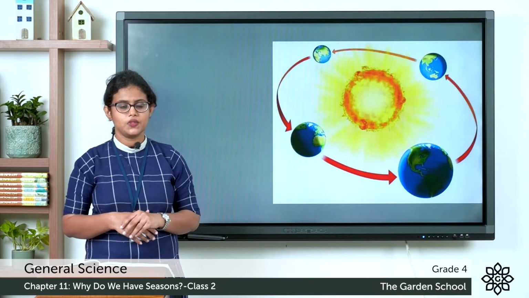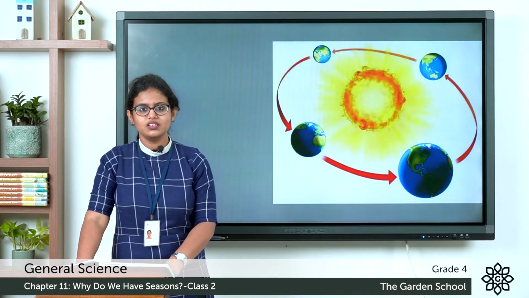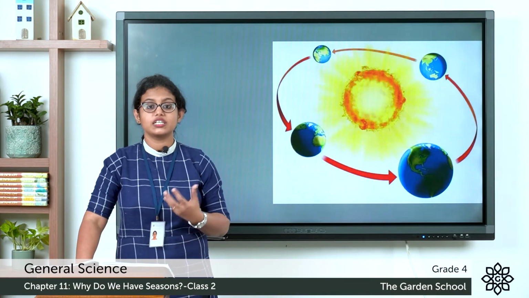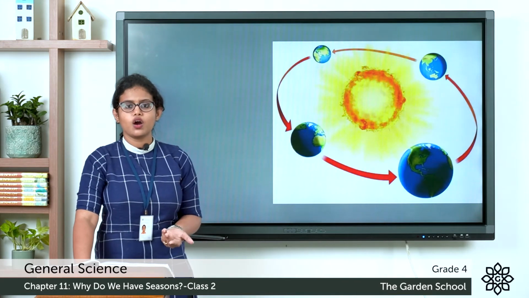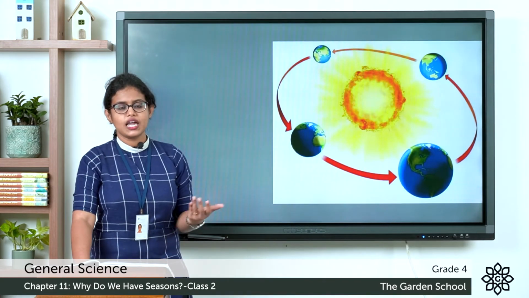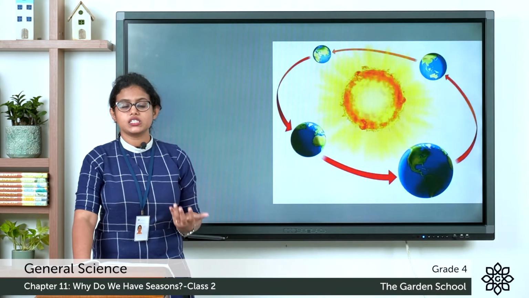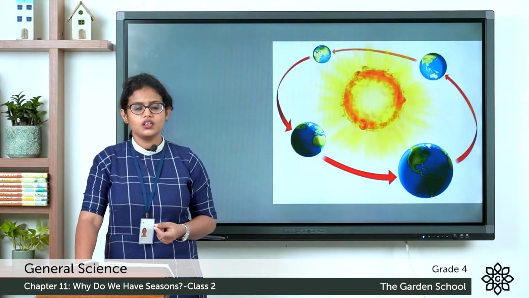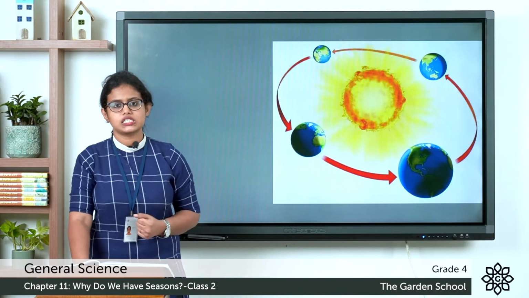Let's see. Here you can see the picture. The earth is revolving around the sun on a definite path, and that path we call orbit. The earth is rotating on its axis. What is axis? The imaginary line from the north pole to the south pole.